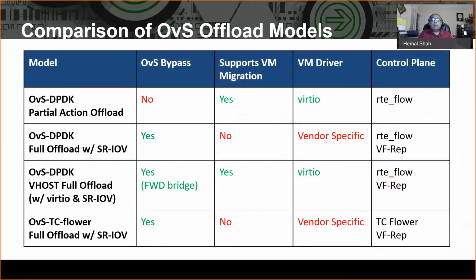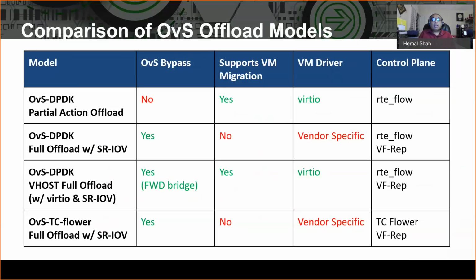So as you can see, OvS offload, from where it was initially, where there was no offload, has come a long way. There are several OvS offload models that exist today, and they all have their pros and cons. There is no one model which fits all applications or use cases. So it is important for you to understand the benefits that each offload model gives and what environment it fits in.